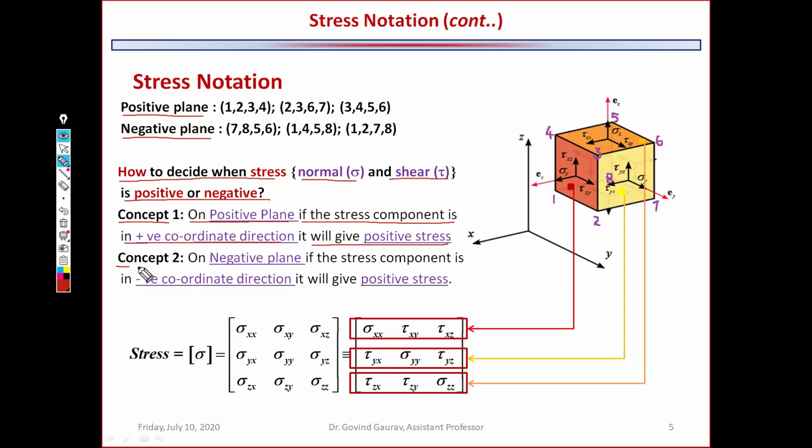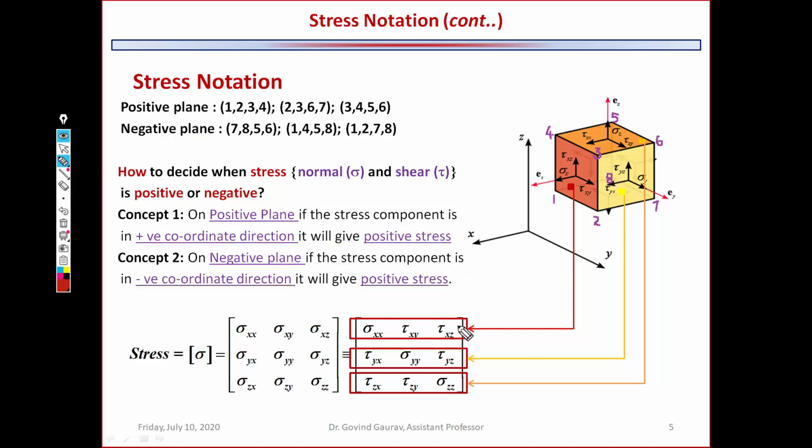And the second concept is, on the negative planes, if the stress component is in the negative coordinate direction, it will again be called a positive stress. Things would be entirely opposite in the context of negative stresses, both the normal stresses and the shear stresses.